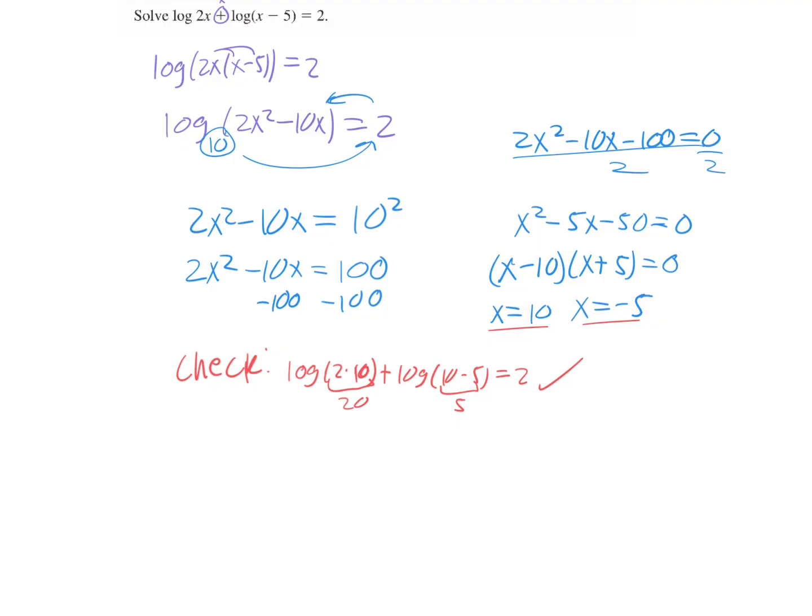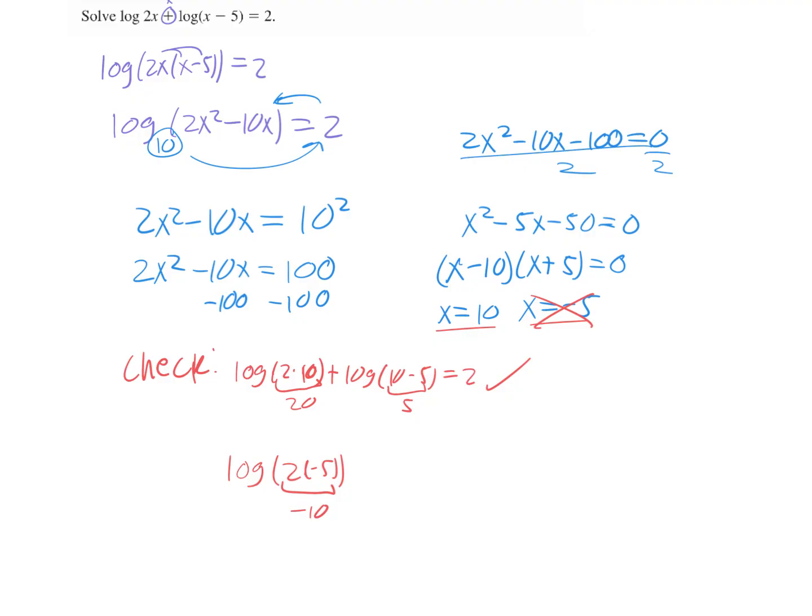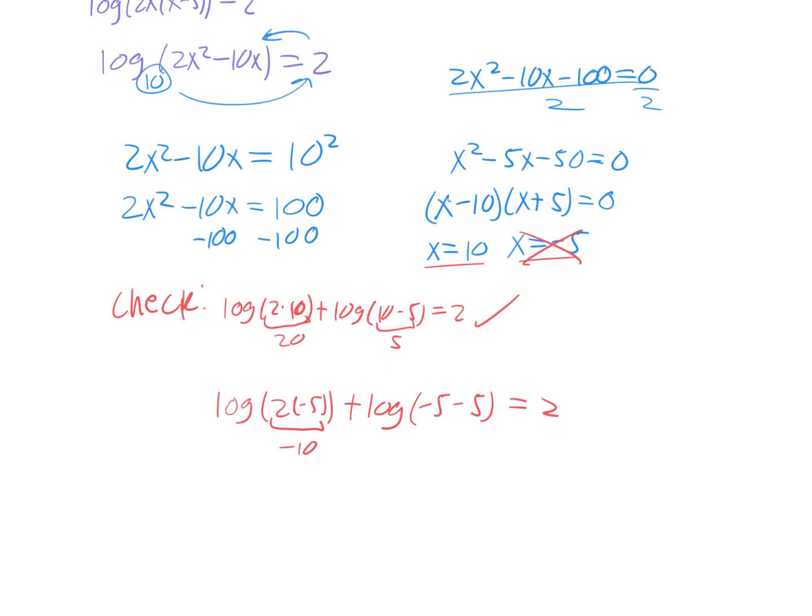Now, if you try negative 5, we get log of 2 times negative 5. And if you notice, we can even stop right here, because this is going to get us a negative 10, and log of negative 10 is no solution. So I know negative 5 isn't going to work. If you're not sure what I'm talking about, I'm going to keep going. We get log of negative 5 minus 5 equals 2. And then you try to simplify these fully, and we still end up with the same thing.